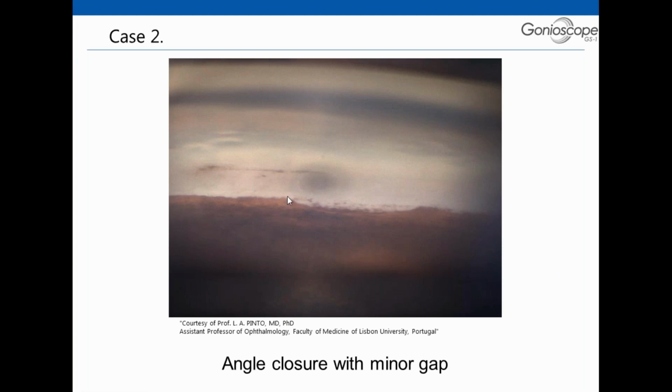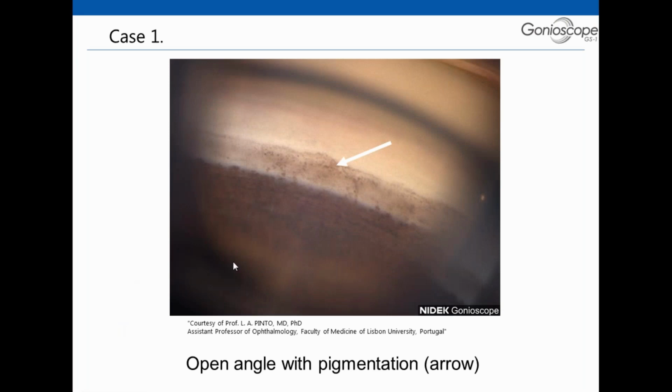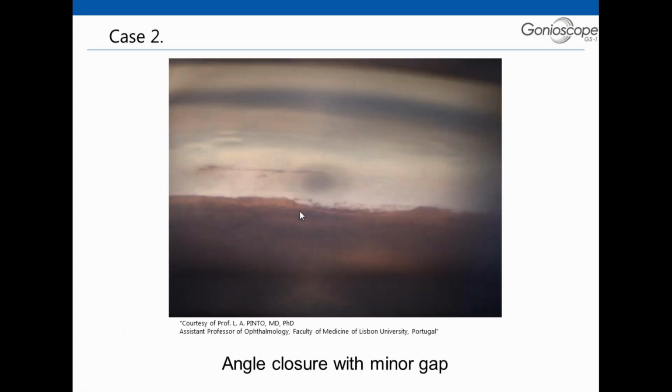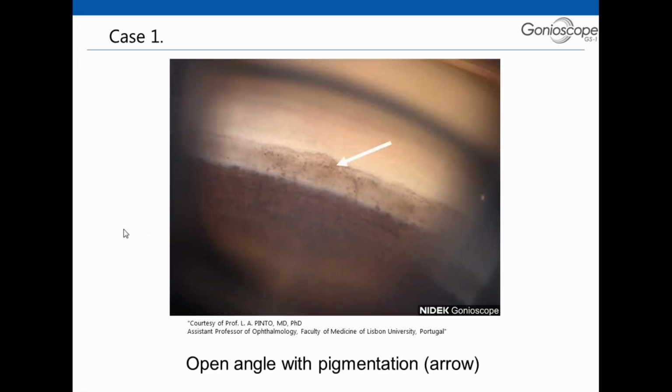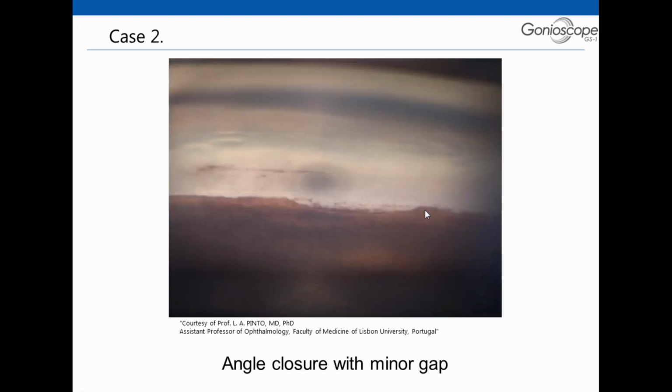I understand this is really difficult and complex to understand in a Gonioscoop image, but when you compare open and closed angles, it is clear that many lines are not visible in the closed angle.